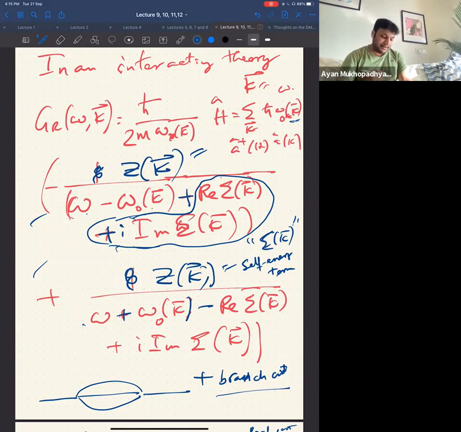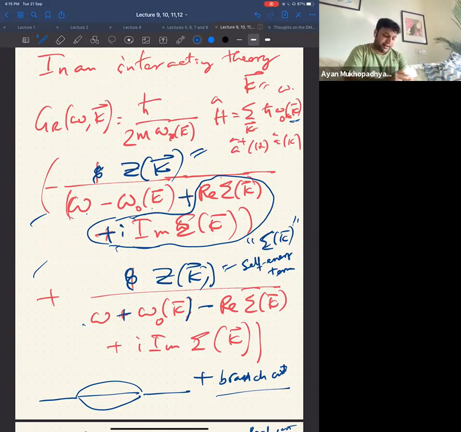You will simply get Z over omega minus omega naught plus a real part shift in the energy. So the oscillator energy would shift, right? And this is basically the classical effect that the time period of oscillations is going to shift because of the x to the power 4 term. But then, of course, there is also this mixing term, so there would also be a width that you get. So it will have a decay time.